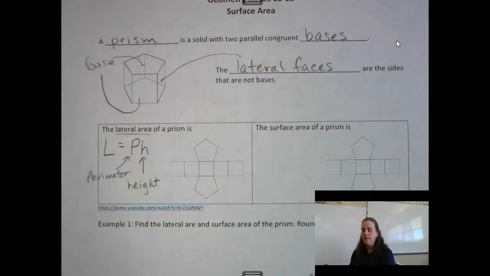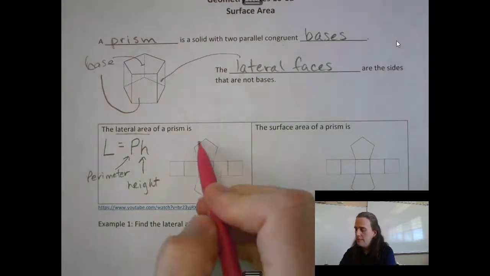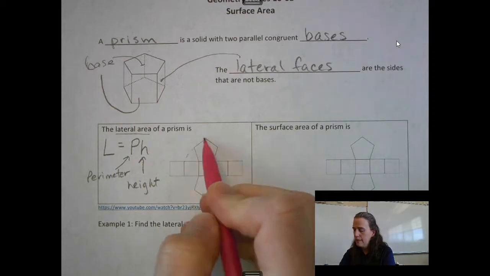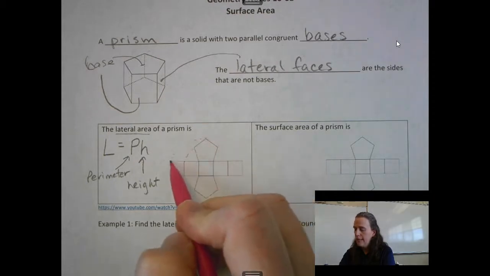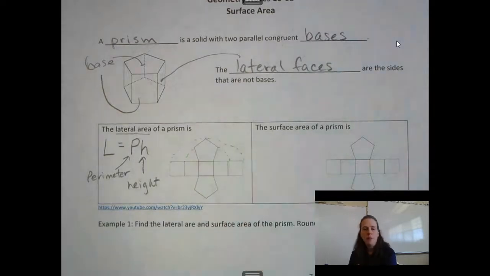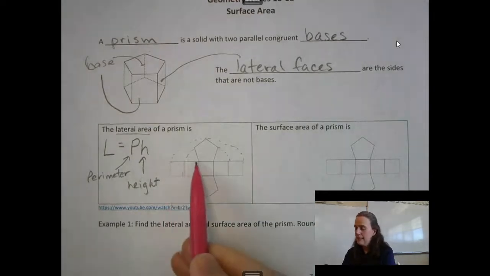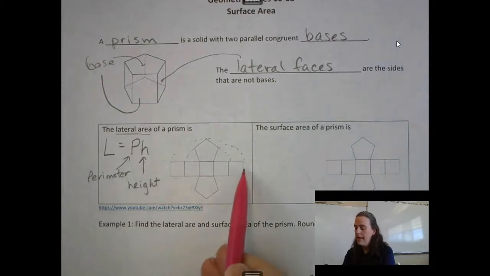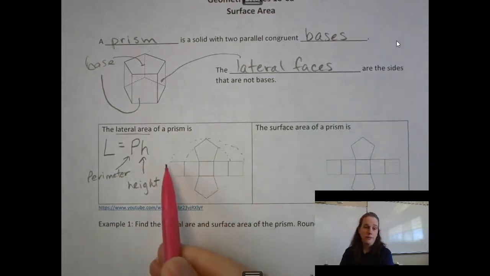Height. So if we took the perimeter of this pentagon, and remember this would kind of go down to here, this piece would head down here. So what we end up with, the perimeter is the same distance as across the top of this rectangle that we made out of the lateral faces.